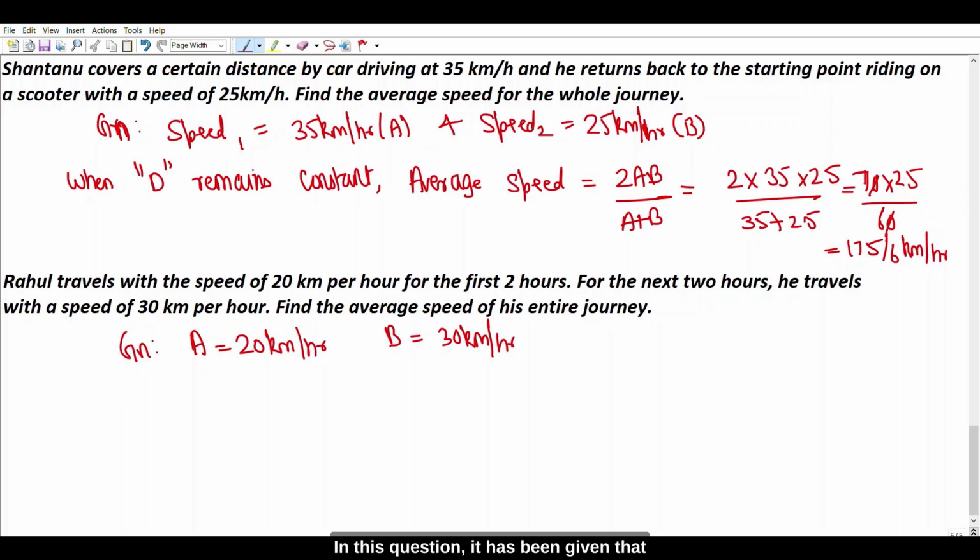It has been given that Rahul travels with a speed of 20 km per hour for the first 2 hours. Therefore, with journey 1, time taken is equal to 2 hours. Then when the journey continues for the next 2 hours, the second time taken, that is T2, is also equal to 2 hours, from which we can say that time remains constant.